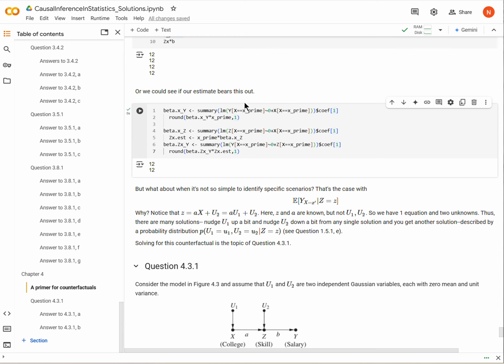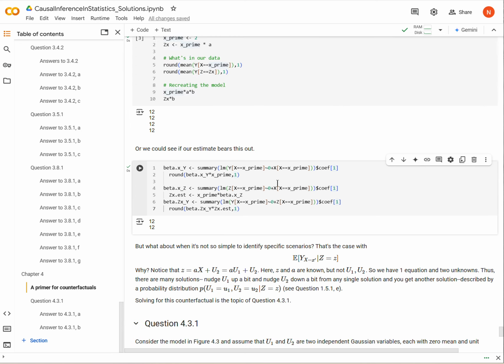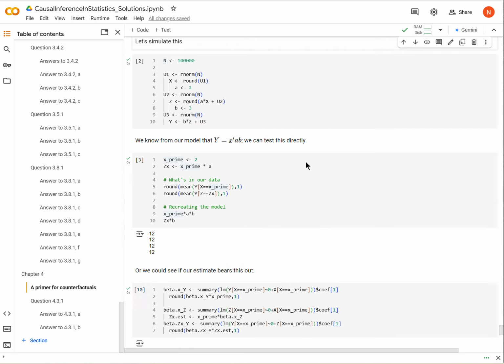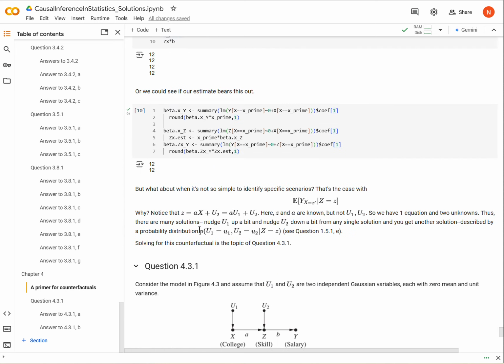Now this one was actually, like I said, trivially easy because we were just looking for individuals for whom x equals x prime. And if it's not clear why that is trivially easy, well, let's consider the more difficult scenario, which is the one that we will answer in the next video for question 4.3.1. What about where z equals little z?